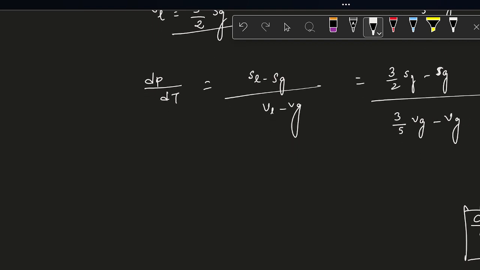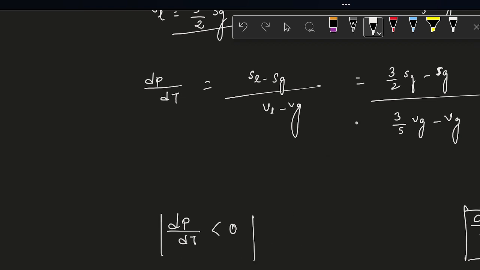Now you do not need to solve any further, you have already gotten your point. Because SG and VG, the entropy and the volume of the gas, are positive quantities, this overall term has a negative factor, so dp by dt is less than 0.